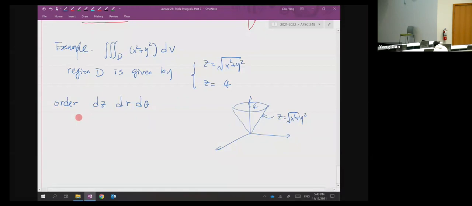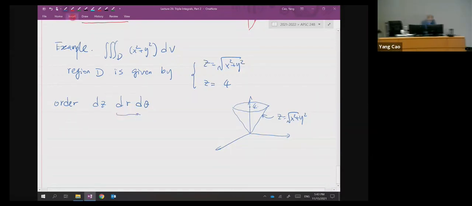Okay, so then once you've done this order, the next step is you draw the shadow in the xy plane, because the shadow will determine your r and theta limits.